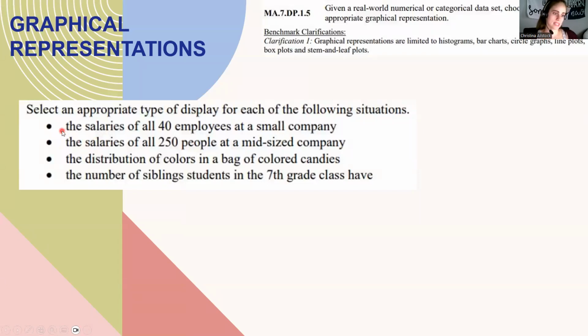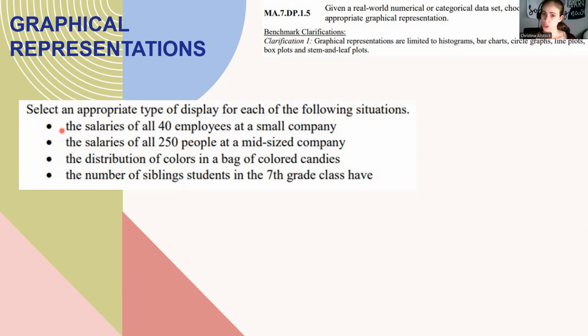All right, so the first one here, the salaries of all 40 employees at a small company. Well, it's at a small company and there's only 40 employees with salaries. I'm not seeing anything about time to have me do a line graph or anything about proportions or percentages to do a circle graph.